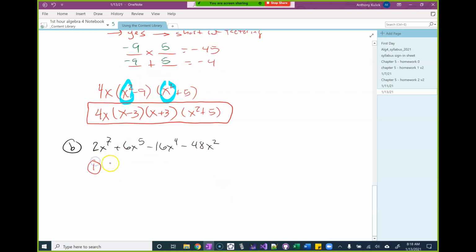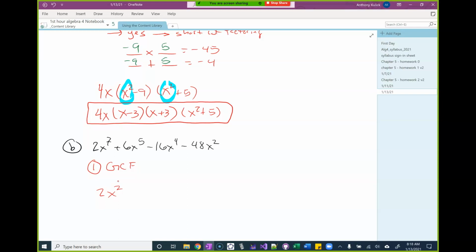So first thing we look for is, do we see a greatest common factor here? We should, right? What is the greatest common factor here? 2x. Right. We can do a little bit more than 2x. Look at the variables. So what's the smallest exponent on my variable? Squared. So I can actually take out a 2x squared, because each of the terms has at least an x squared in it, right?